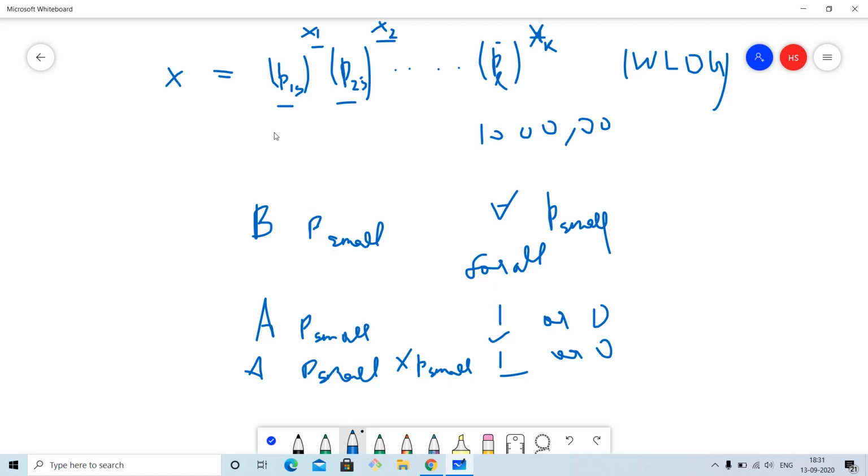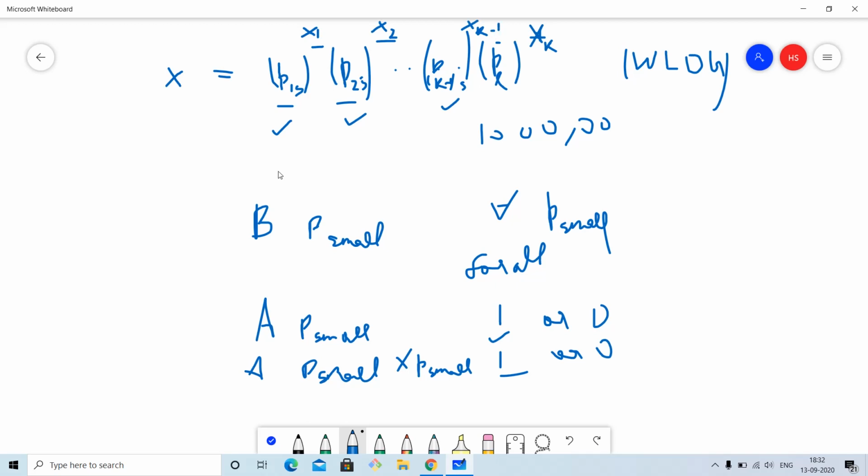So this will give us p1 to the x1, p2 to the x2, up to p k minus 1, with the subscript s for small, and we have found all the factors up to this number, x k minus 1.